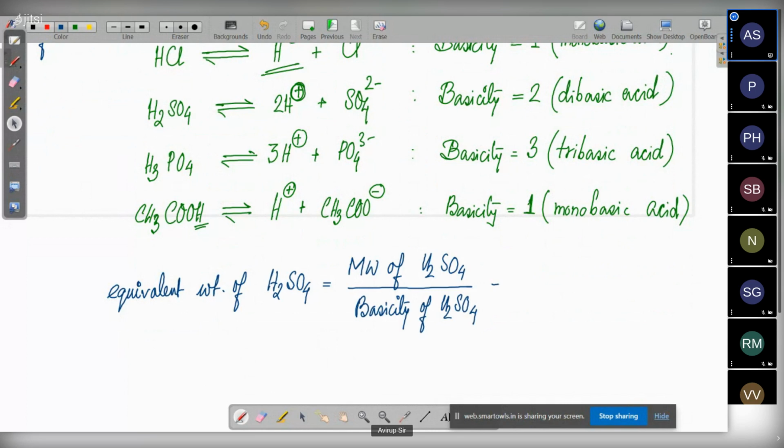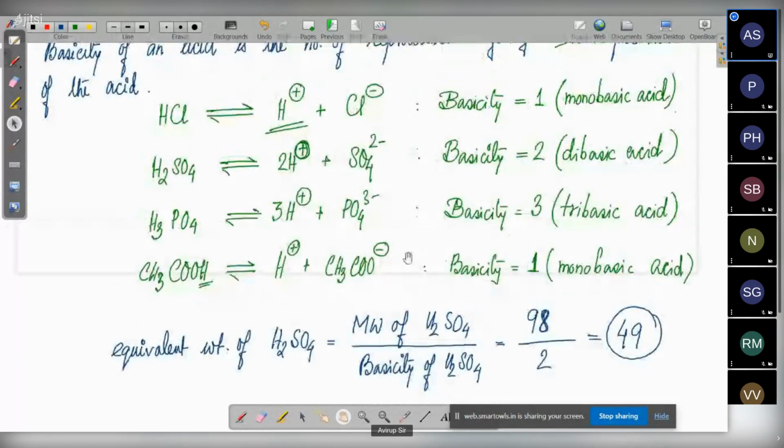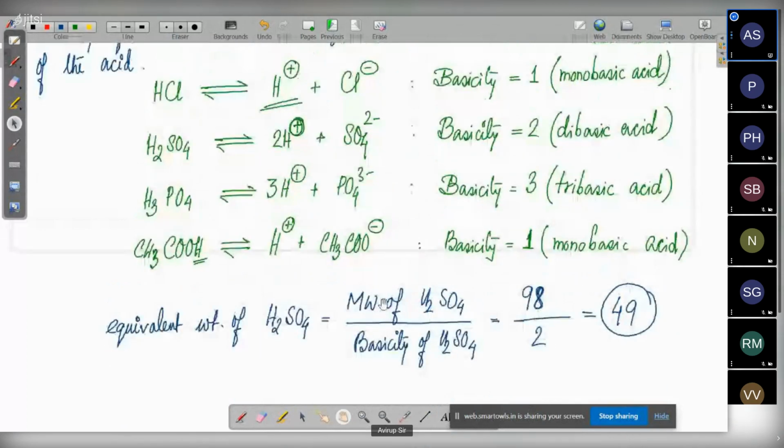Molecular weight we have calculated today in that numerical that we did. So molecular weight of H2SO4 is 98, divided by the basicity of H2SO4, that is 2. So 98 by 2, that is 49. This is how we calculate the equivalent weight.